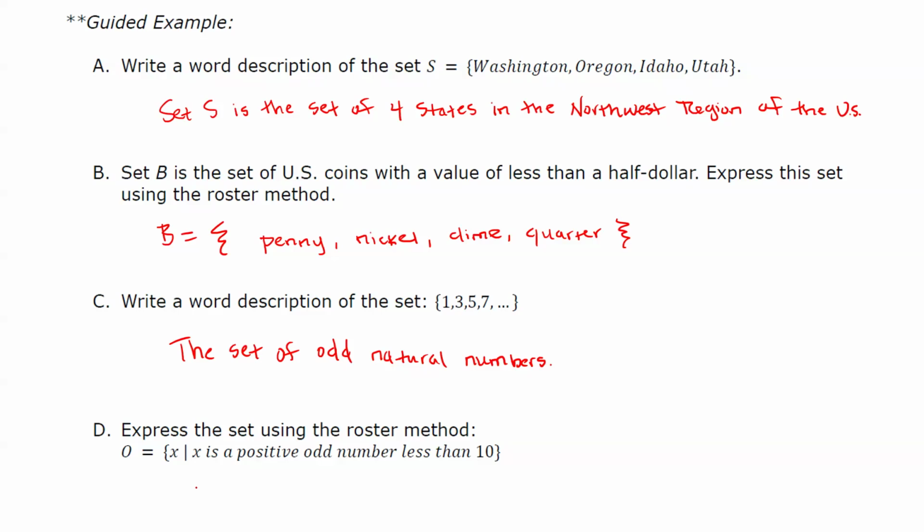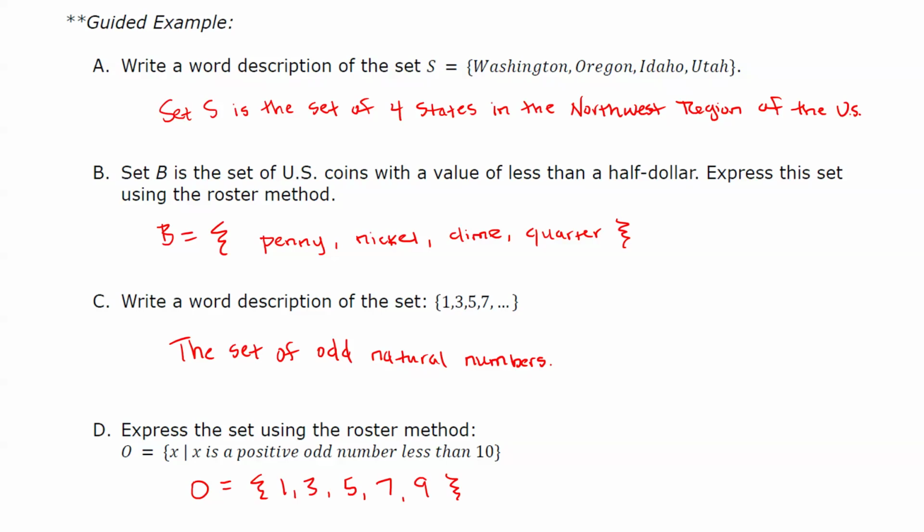So set O, written in the roster method, would be 1, 3, 5, 7, and 9, because those are all of the odd numbers less than 10.